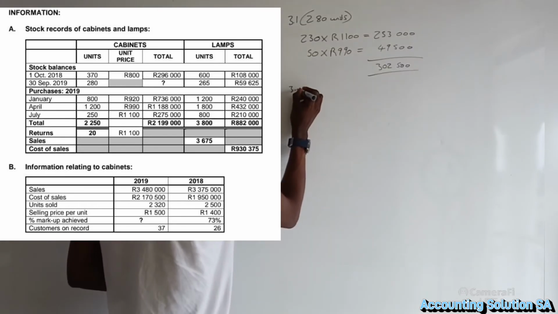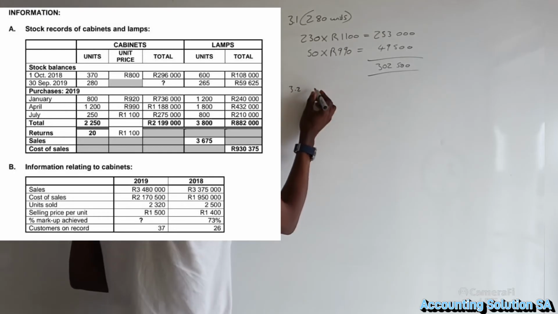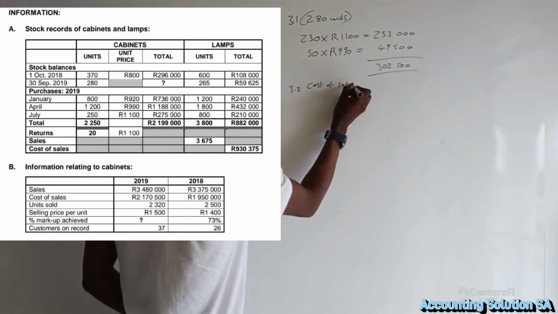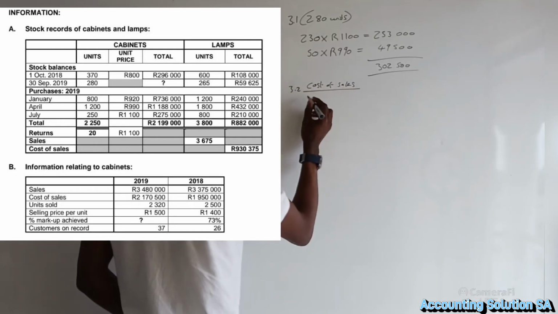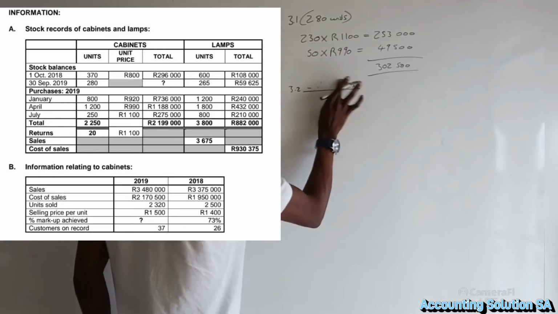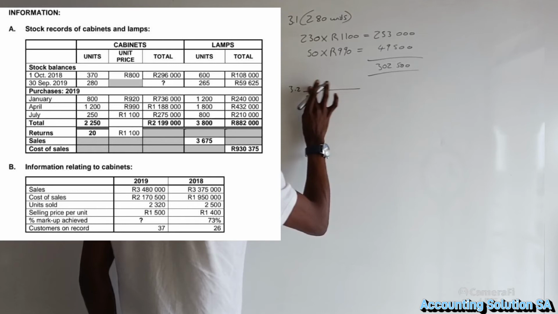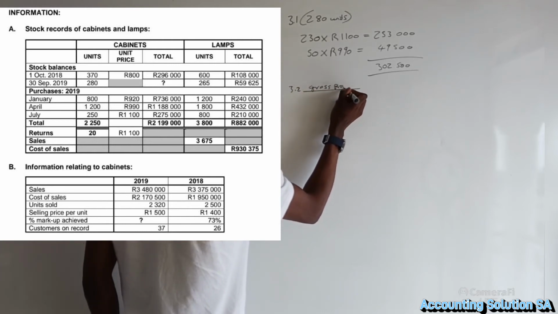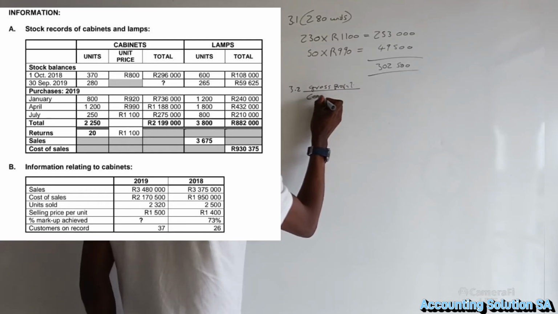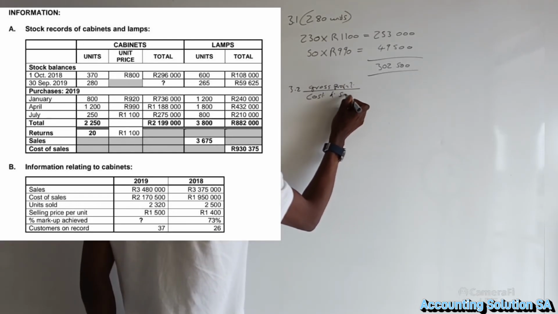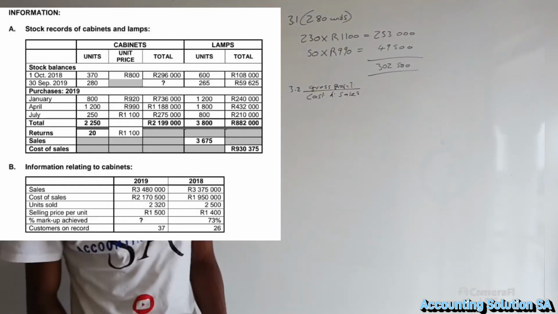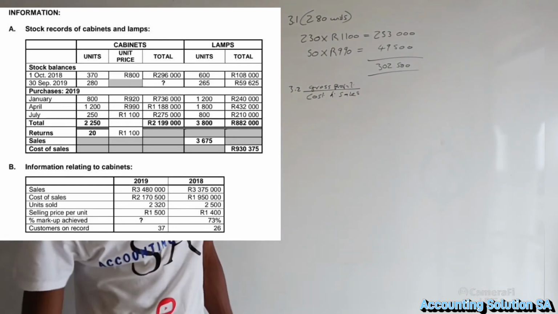We have to use the formula: markup equals gross profit divided by cost of sales. Remember, guys, we're still under cabinets.